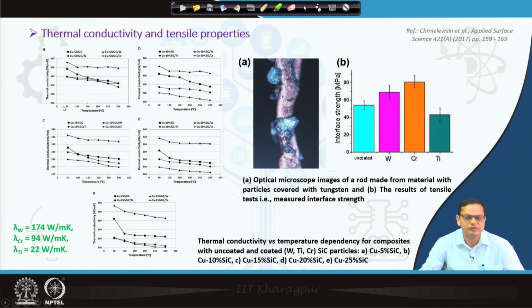Okay. The first thing to notice here is that with increasing temperature thermal conductivity is decreasing, and that is going to happen anyway.